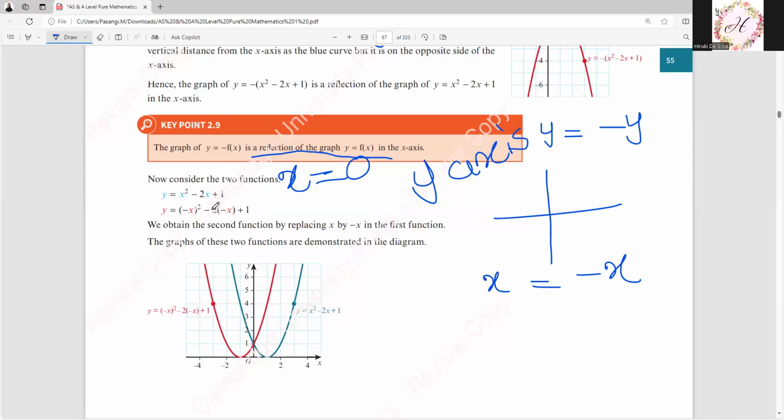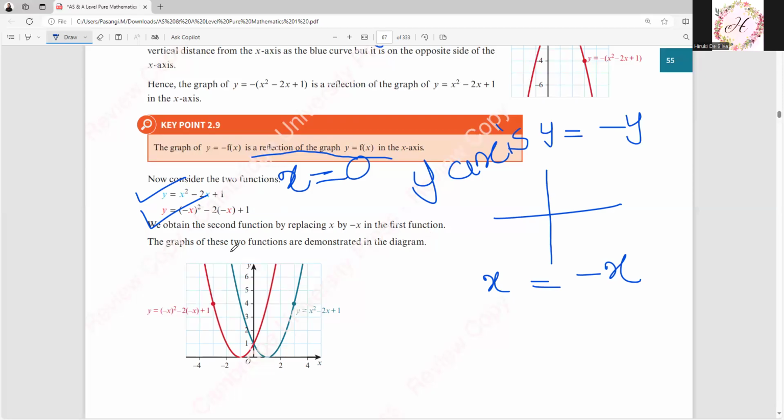Replacing x with minus x gives y is equals to x squared minus 2 times minus x plus 1. Is it clear? So we obtain the second function by replacing x by minus x in the first function.